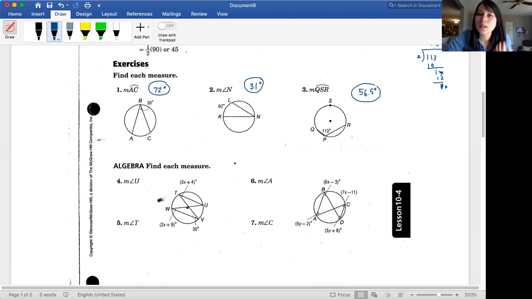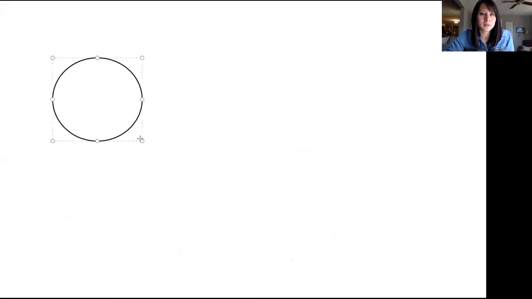Hopefully you're writing this stuff down. So now we're going to talk about two inscribed angles that intersect. So I'm going to draw an inscribed angle here from the edge going this way.